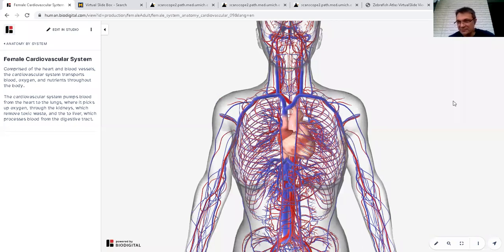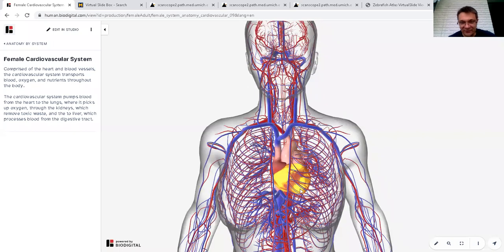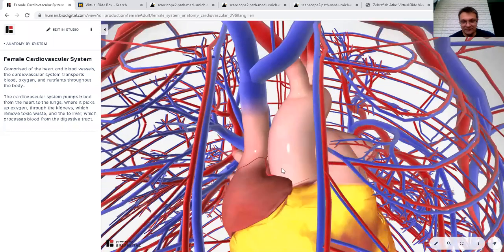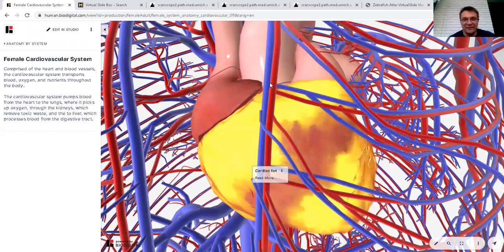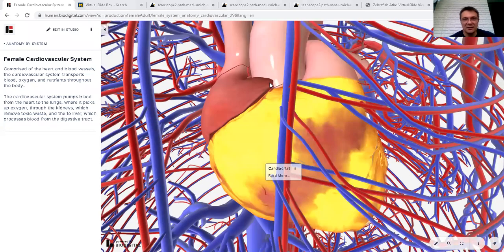So unfortunately, it's becoming frozen. Too much memory required for this. Okay, the heart. So I need to reach the valve and to see what may happen if the thrombus is detached from this site.